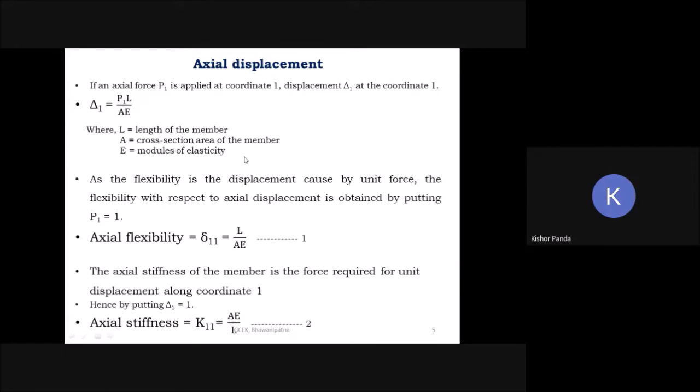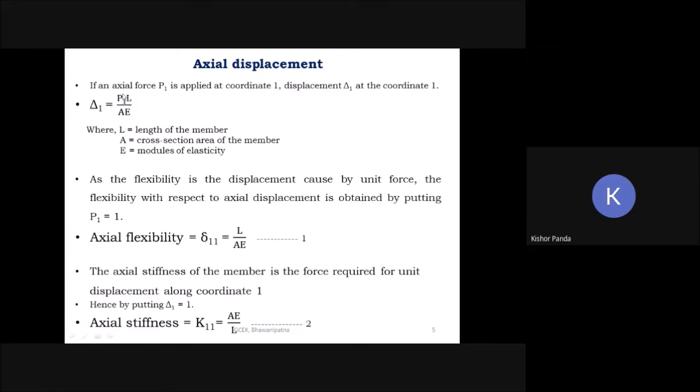So when the axial force is acting along direction 1, you can find out the axial flexibility and the axial stiffness. The axial flexibility delta 11 is equal to L by AE, and the axial stiffness K11 is equal to AE by L. Only the input differs.